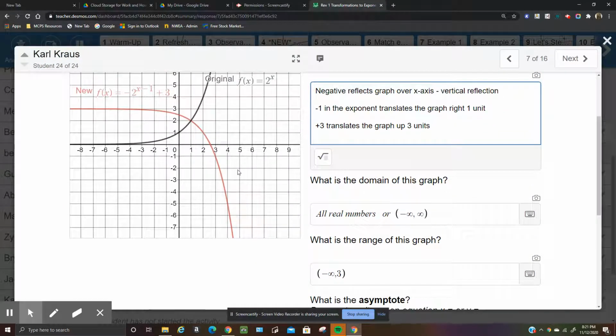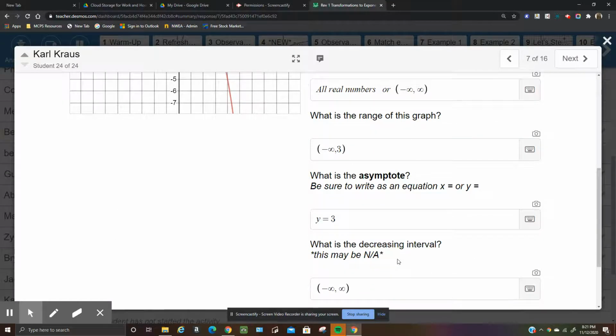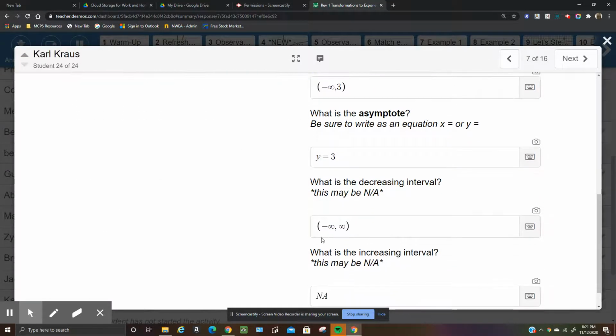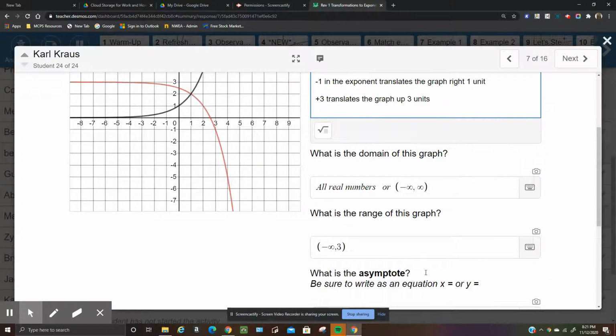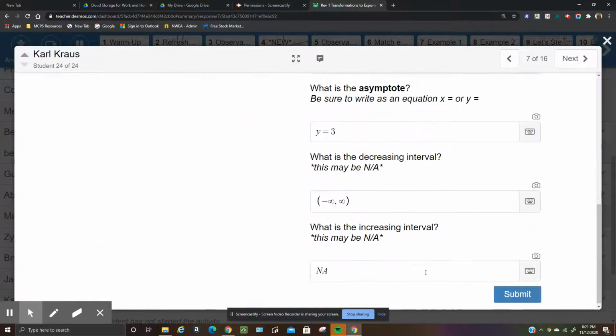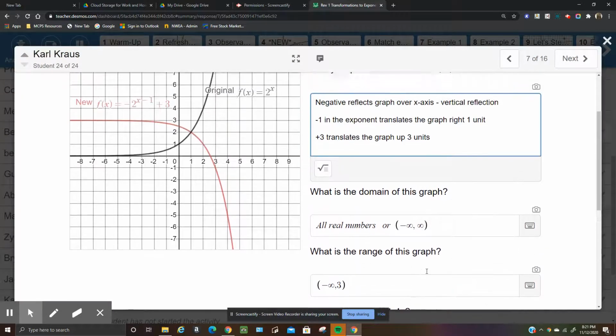The domain for this red graph is -infinity to +infinity. The range is -infinity to 3. The asymptote y equals 3. It is decreasing along the domain, -infinity to +infinity, and it's never increasing.